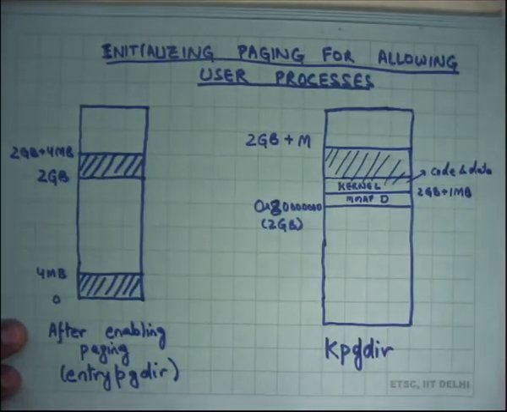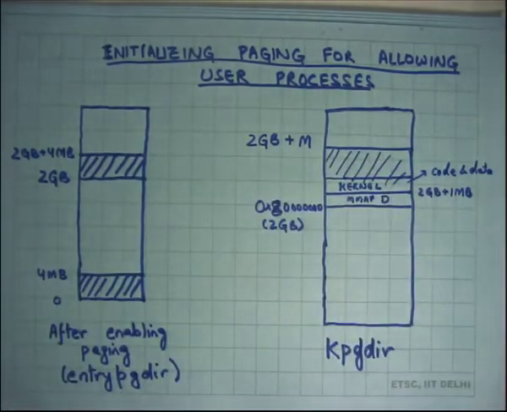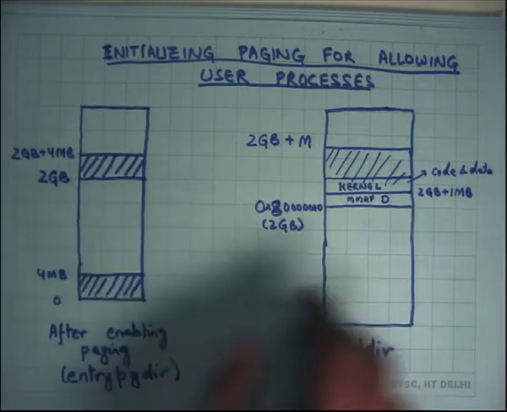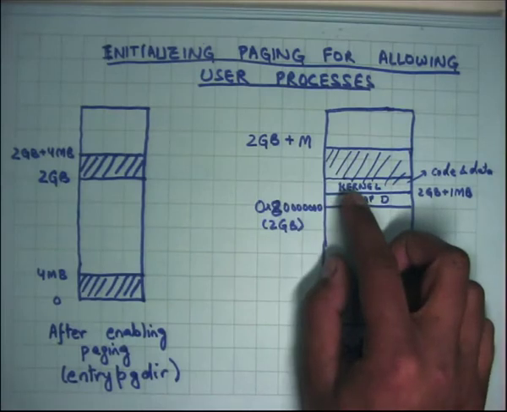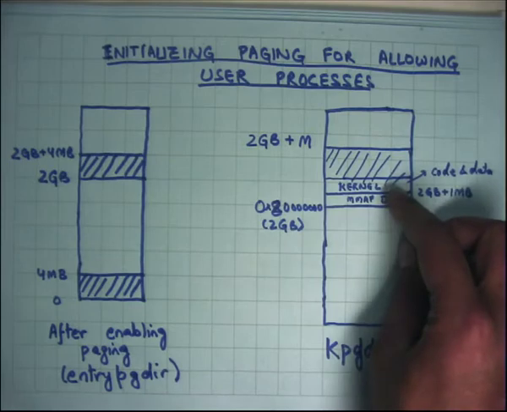And then all the other space, I'm going to call it free space, and that's the space I'm going to manage using kalloc and kfree. That's the space you can use for your heap, or this is a vacant space that you can allocate for your data structures, like the page directory. So where is the page directory going to get allocated? Recall that the entry page directory was a global variable, so that was allocated in the data section of the kernel.